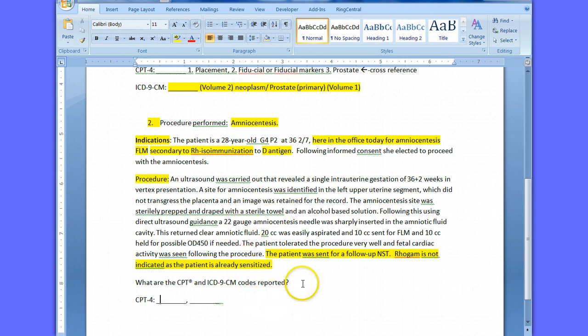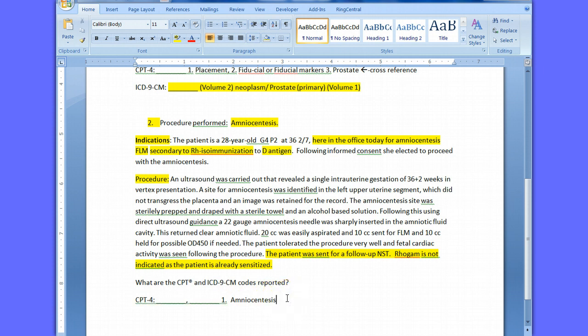It doesn't say hospital. Alright, so what we do, we simply just go to the word amniocentesis for the CPT. I'm starting with CPT first. I know last time I did diagnosis. And that's our first search term.